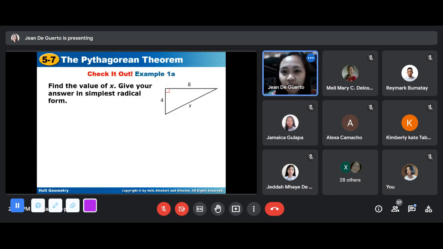Another example. Find the value of x. Ilang minutes kailangan nyo?